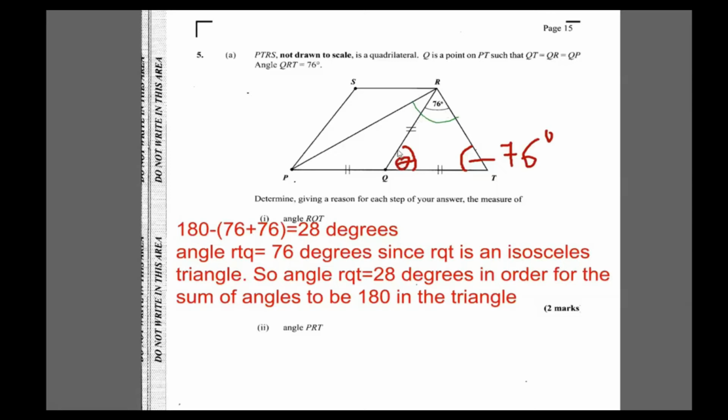If this angle is 28, then we know the angles on a straight line is 180, so this angle is 180 minus 28, which is 152. Now if this angle is 152 and this is an isosceles triangle, then this piece and this piece are the same. So this piece is 14 and this piece must also be 14.